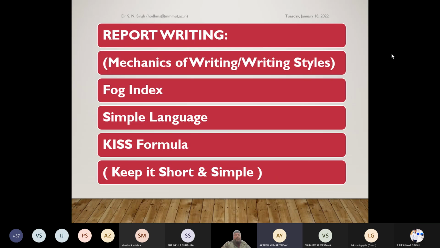Three words you must remember: making complex simple. And the next point is using simple language. Then there is the KISS formula. What is it? Keep it short and simple.